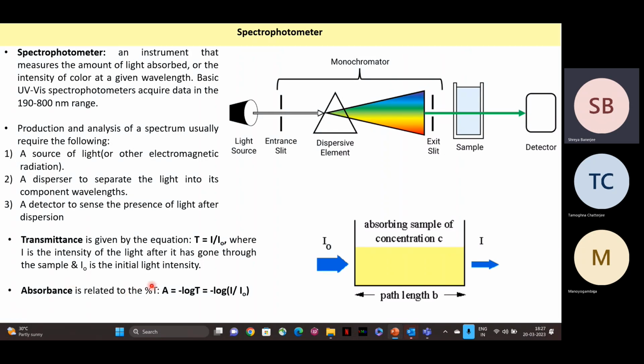Absorbance is related to the transmittance by this formula, where absorbance equals minus log of transmittance, or minus log I by I0. So these are two terms that the detector detects. The detector generally detects the amount of light that is transmitted after absorption.